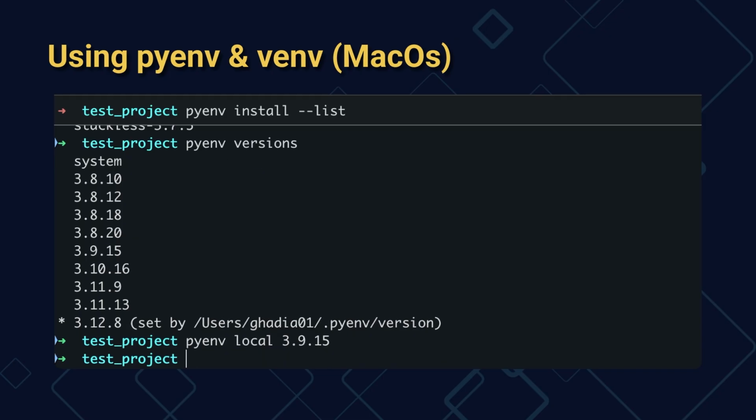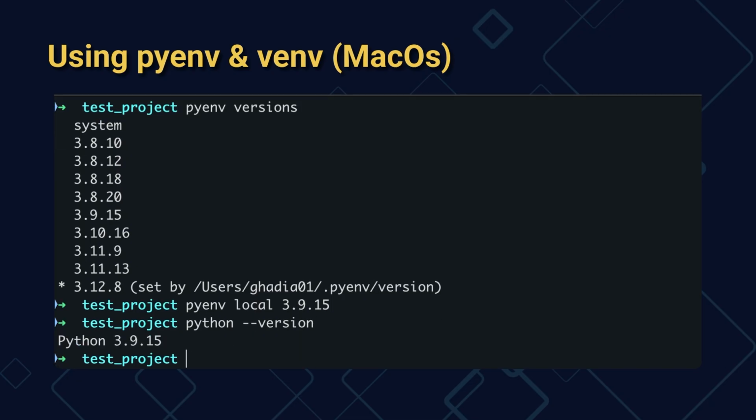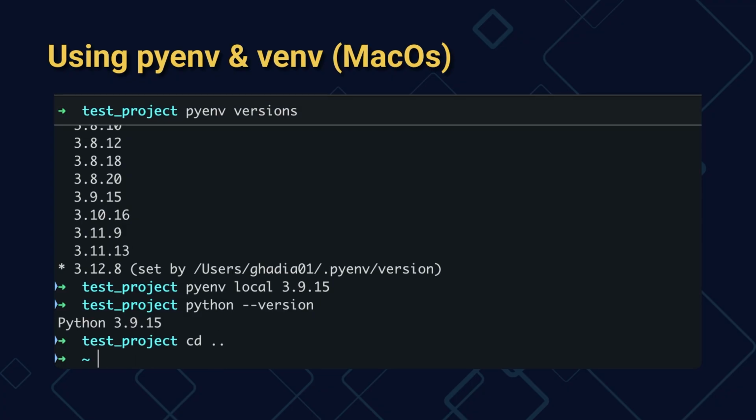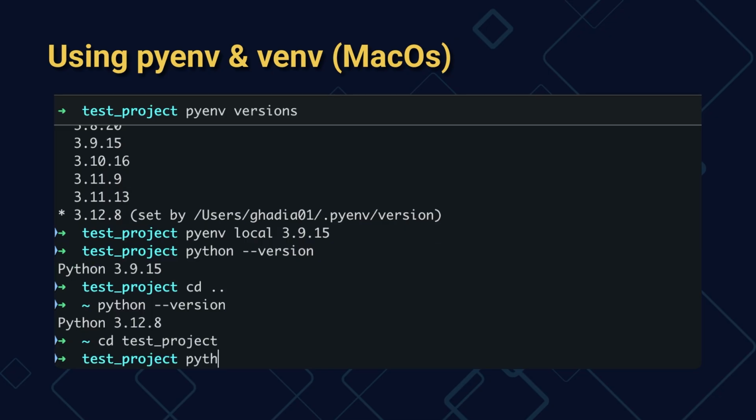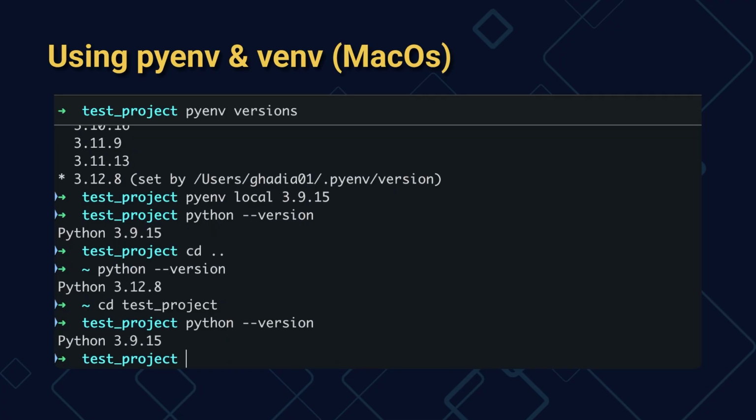Okay, now let me check my Python version, and it's 3.9. Let me come up one level, cd to home, and then check the Python version here. It's 3.12. So when I go back to my project, the Python version is 3.9.